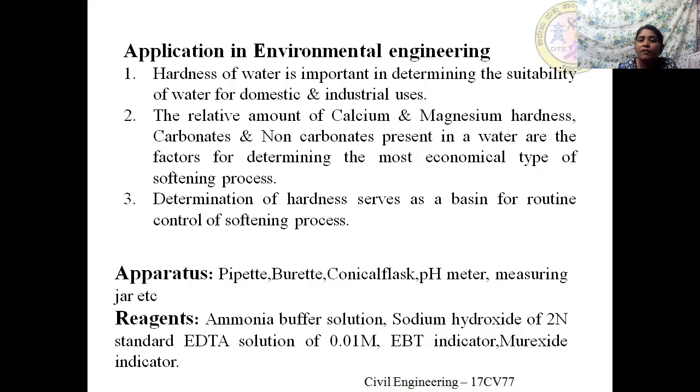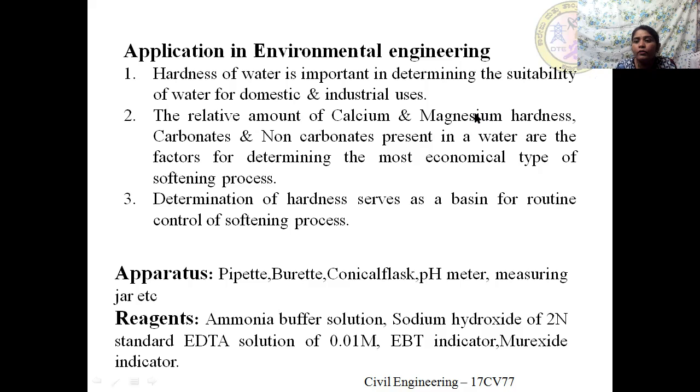Next, the relative amount of calcium and magnesium hardness will be determined. The carbonate and non-carbonates present in the water are also determined. This all helps us in finding out what softening process is needed, that is, whether the water is temporarily hard or permanently hard. Can this temporary hardness be removed by simple boiling or adding lime, or is it permanent hardness?